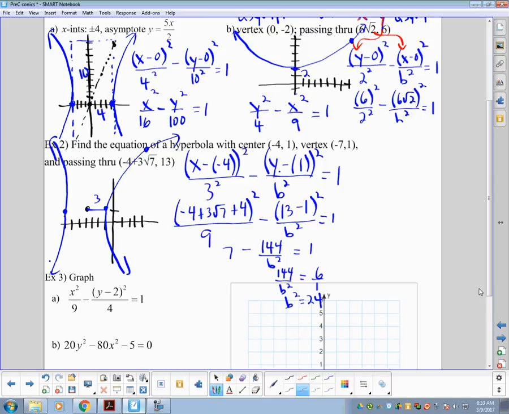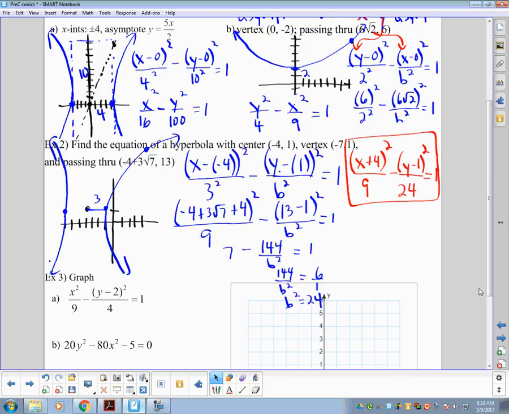So I just need to take this thing and rewrite it. It becomes (x + 4)² over 9 minus (y − 1)² over 24 equals 1. And that's the equation of my hyperbola.